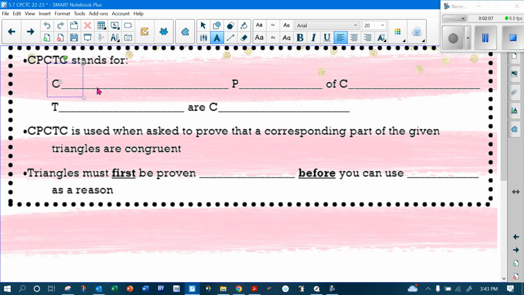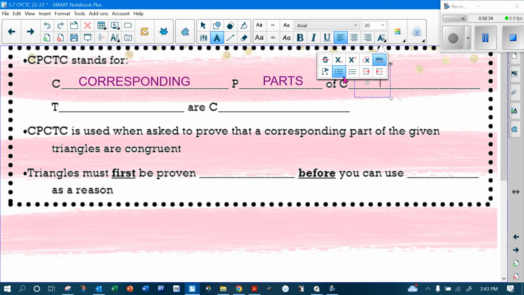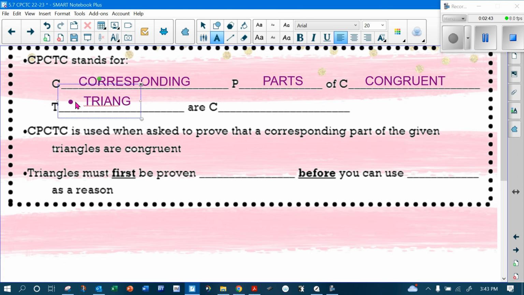The C is for corresponding, P is for parts, corresponding parts of congruent triangles are congruent.